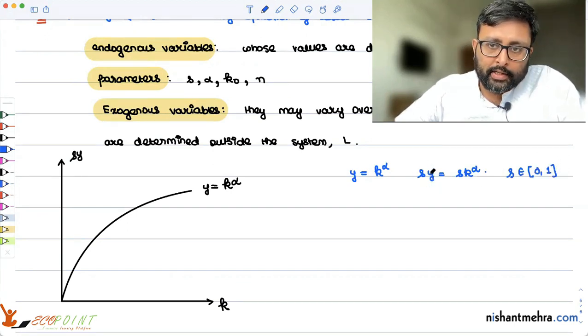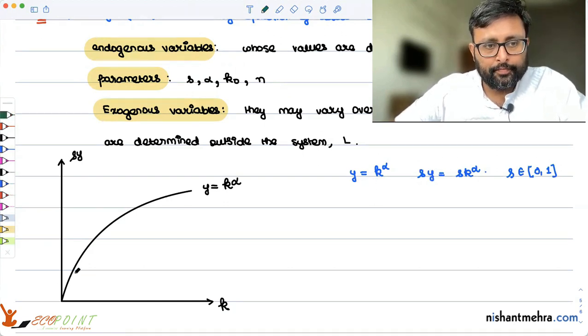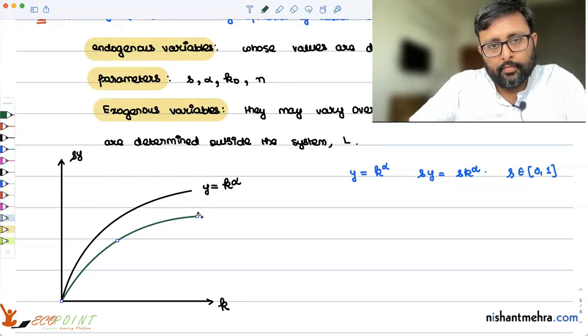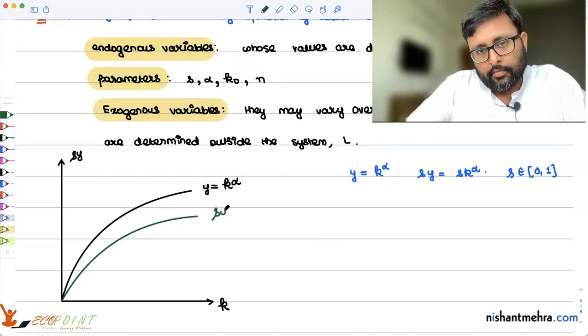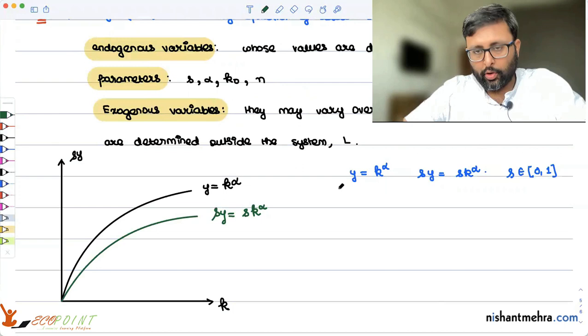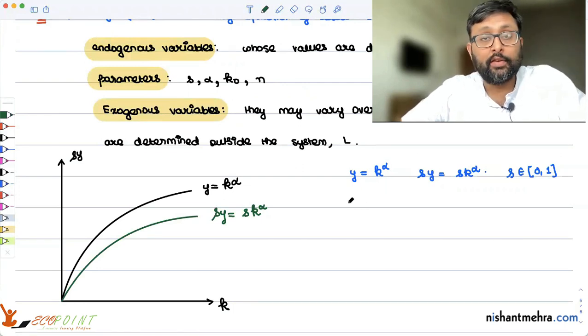So don't you think that this s into small k to the power alpha term is nothing but the dampened version of small y? So this guy, s small y, is s small k to the power alpha. So s small k to the power alpha is the gross investment per worker.